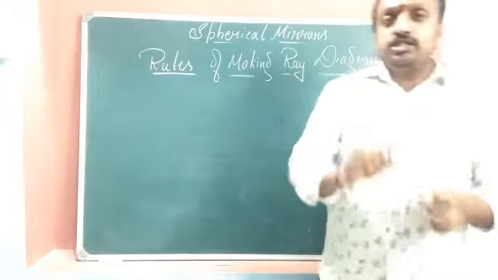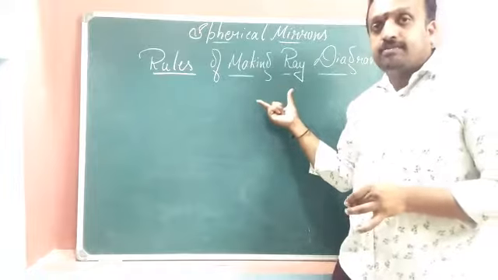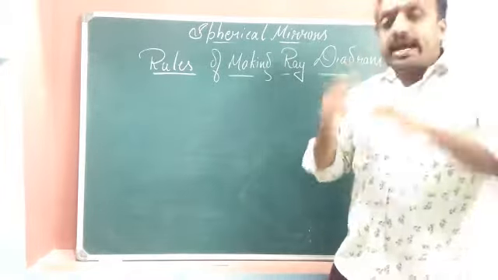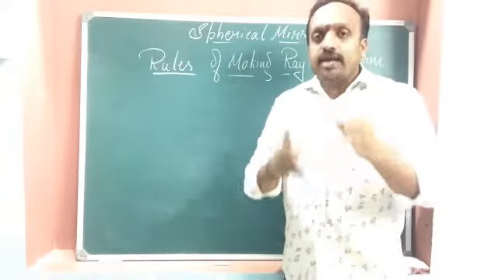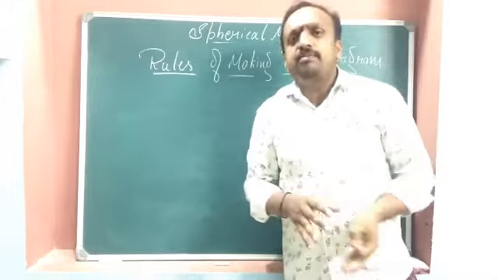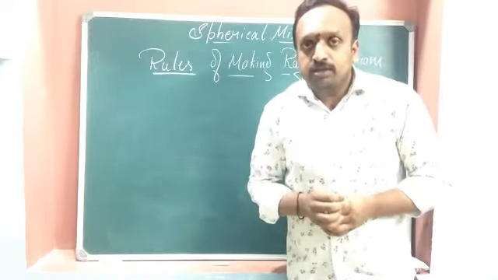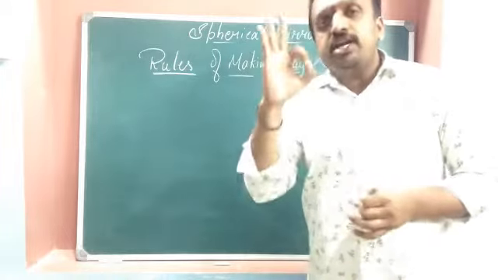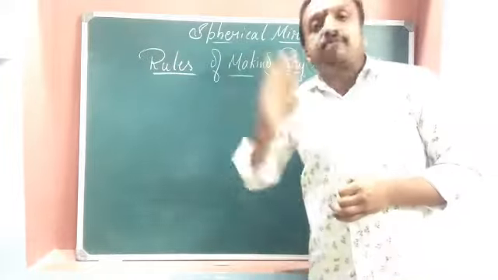Now I am going to discuss with you the rules for making the ray diagram. If you are drawing the ray diagram with the help of a convex or concave mirror, or I can say very clearly a spherical mirror, there are a few rules that we need to follow. There are 3 rules that we need to follow while making the ray diagram.